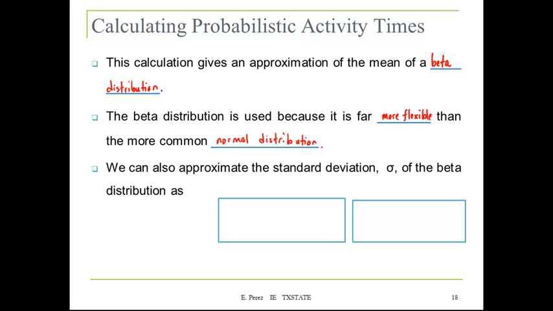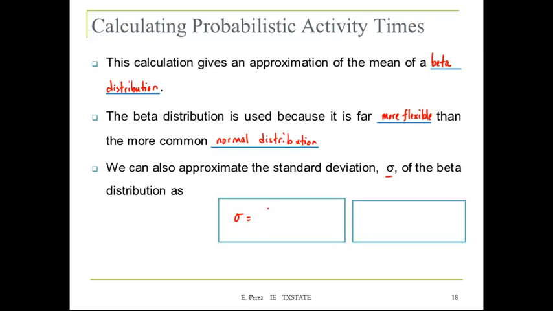The important thing here is we're going to estimate the expected value of the distributions using the data. And then, using those expected values, that list of averages, we're going to find the probability of completing the project using the normal distribution. So we can approximate the standard deviation, or sigma, of the beta distribution as follows.